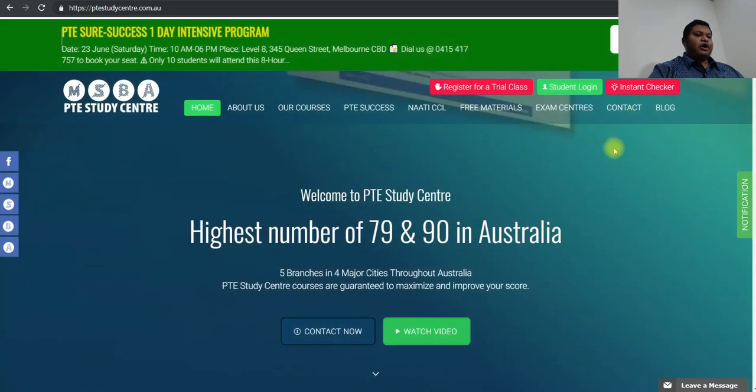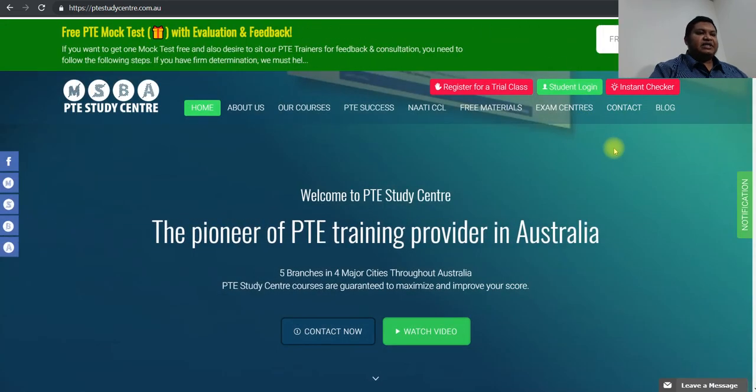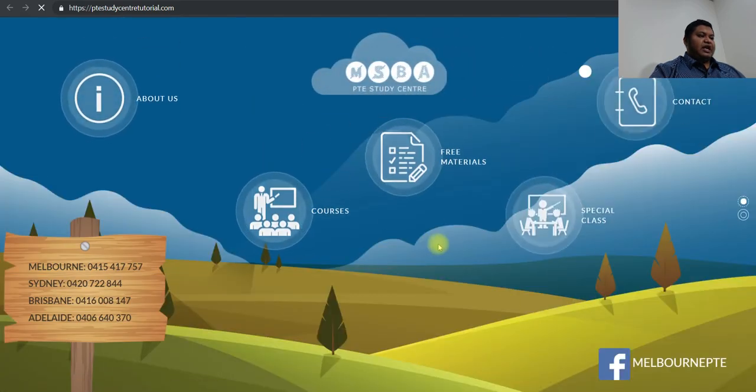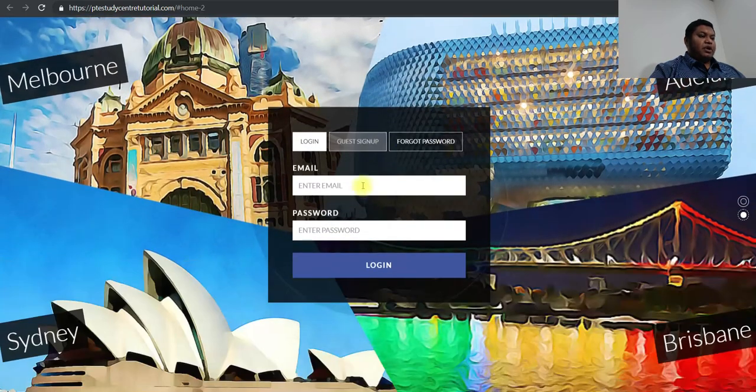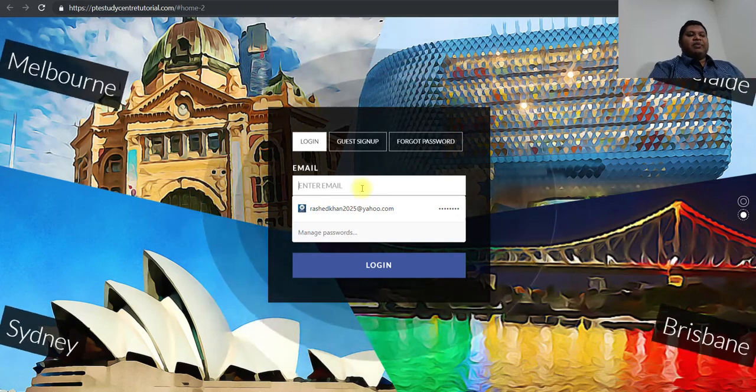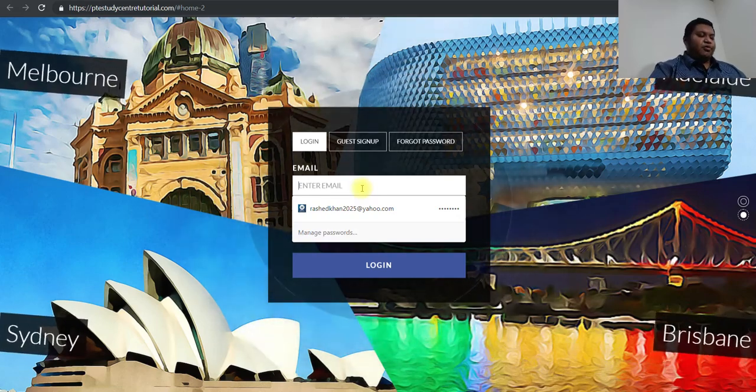Right, so for going to Instant Checker from our website, you can see there is a red tab here. You just need to click that. It will redirect you to the Instant Checker platform. You can log in by the credentials you will be given by the admins at the time of your enrollment.